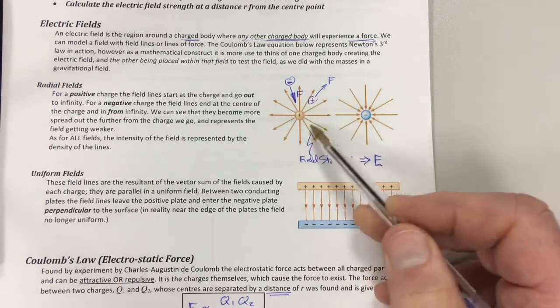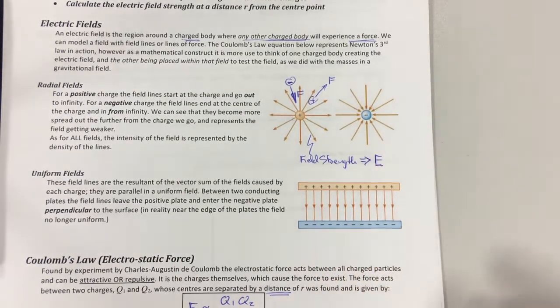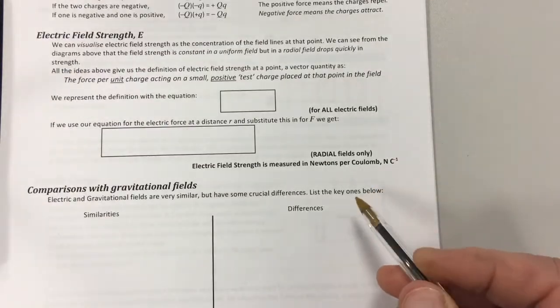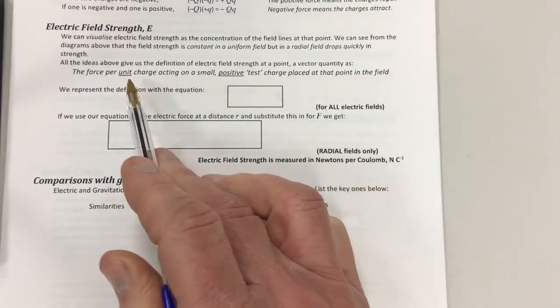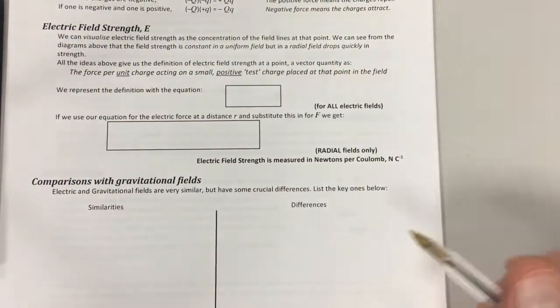So let's talk about direction of fields. We need to keep talking about field strength rather than forces, but if we go to our definition, then all we need to do is multiply that field strength by that charge and you get the force.